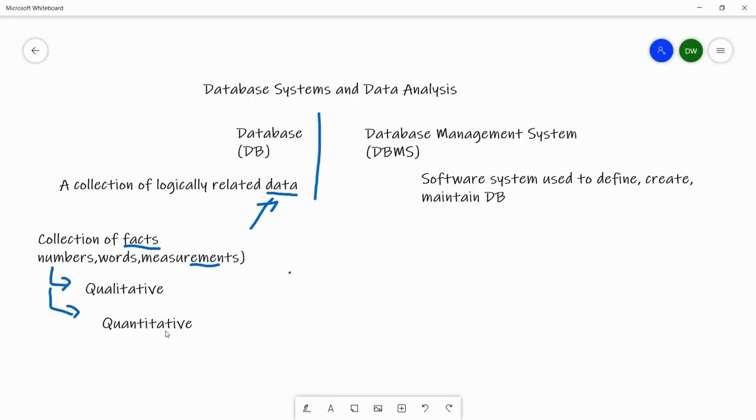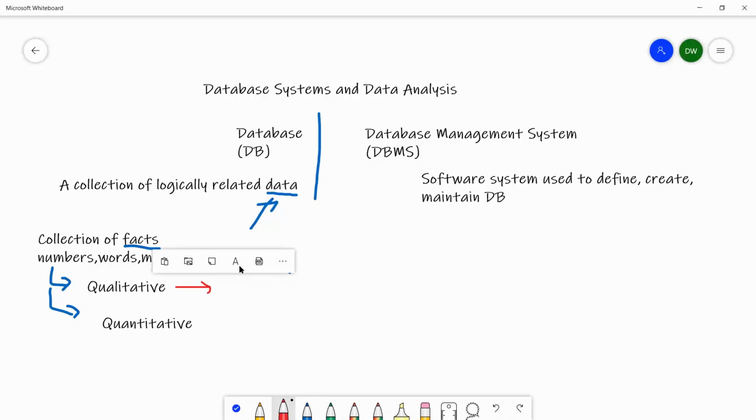And quantitative data means data that describes quantity. For example, I write those two terms here. Qualitative data means we can describe the quality.